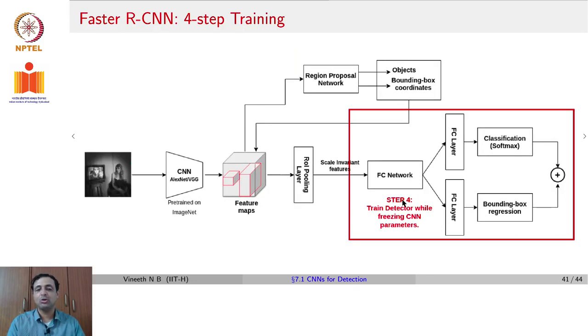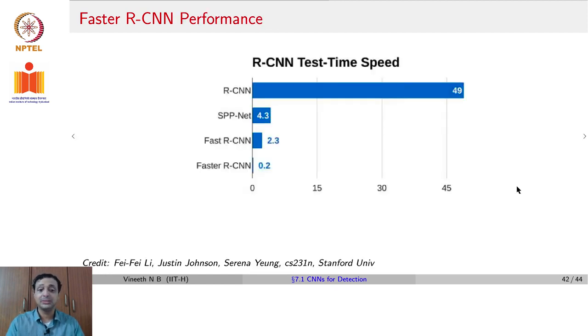And finally, in step 4, you freeze everything else in the network and only fine-tune your FC networks to get your final classification output and bounding box offset regression outputs. This is the 4-step training procedure proposed by faster RCNN. And using this approach, the test time speed reduces from 2.3 seconds to 0.2 seconds, which becomes closer to real time for every image.